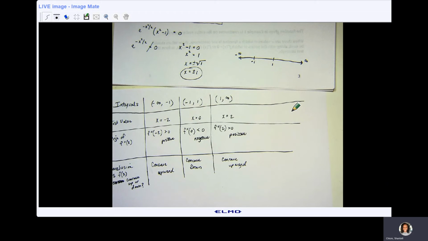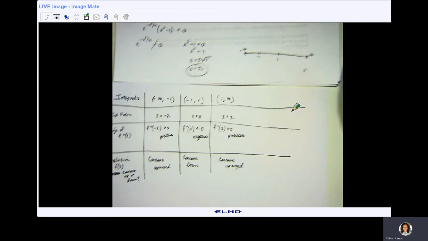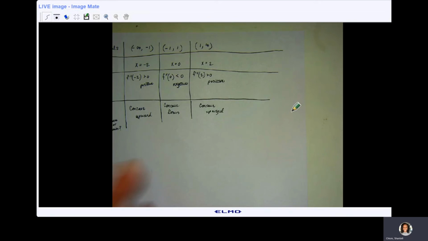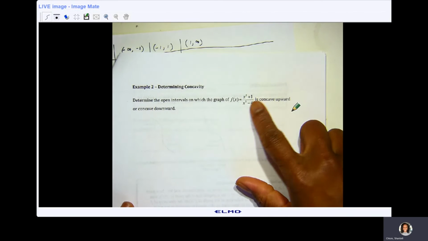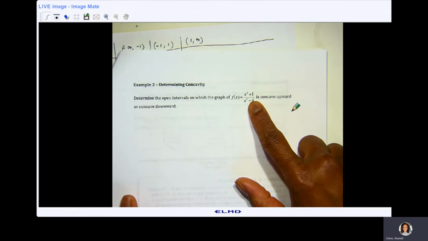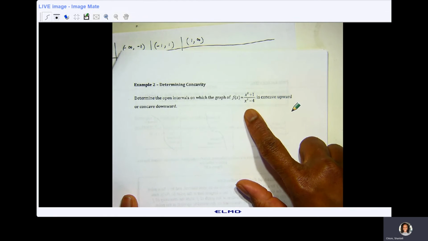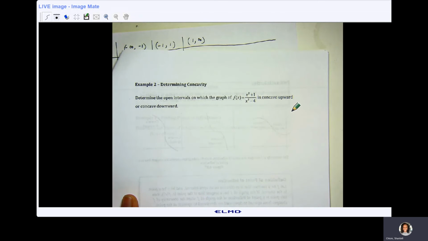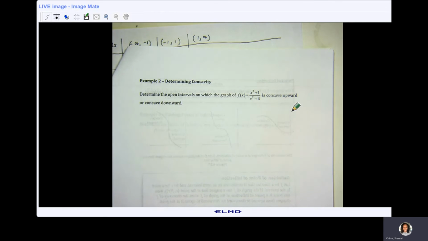My example in my notes is x squared plus 1 over x squared minus 4. In the homework, it's x squared plus 6 over x squared minus 4. So it's almost the same kind of problem.